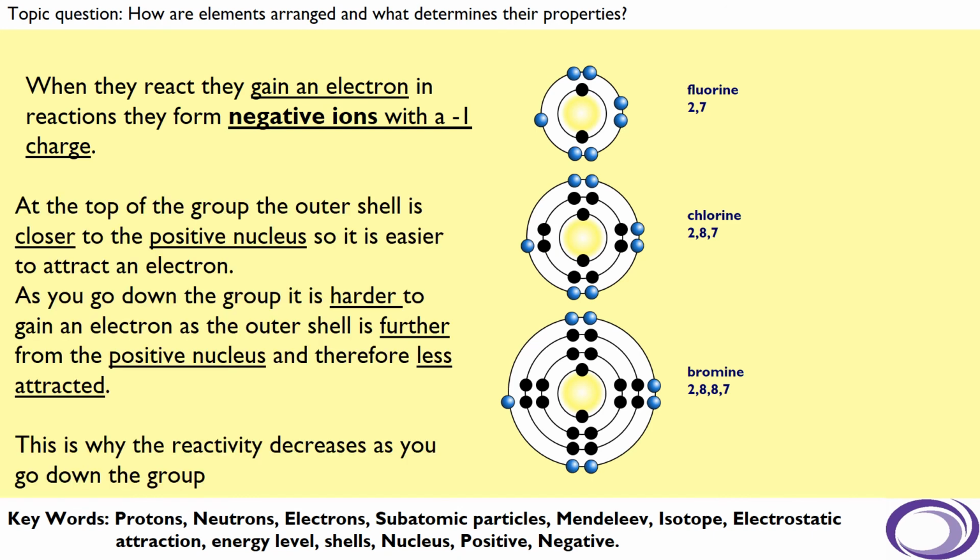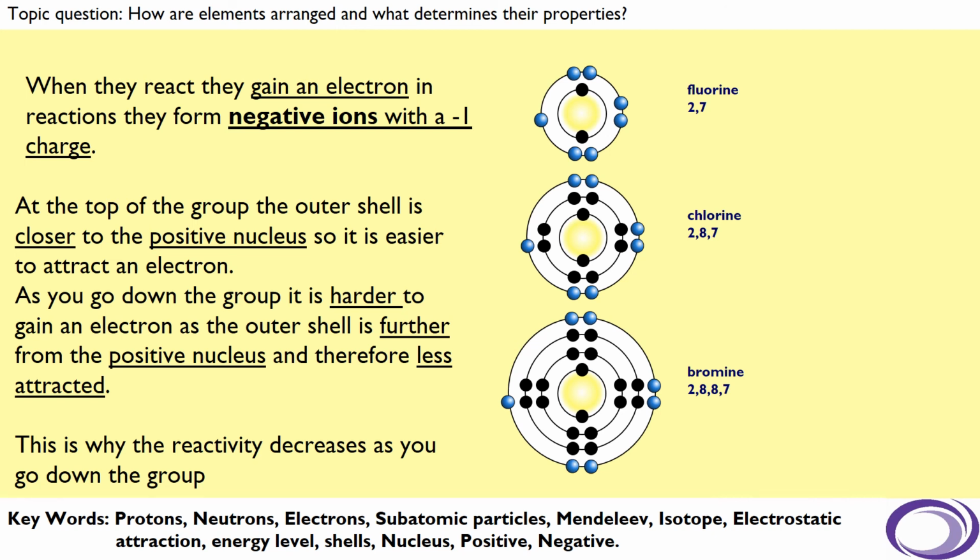Now, as you go down the group, the outer shell gets further away from the positive nucleus. So it will be harder to attract an electron into that outer shell.